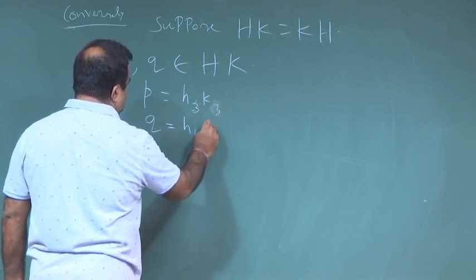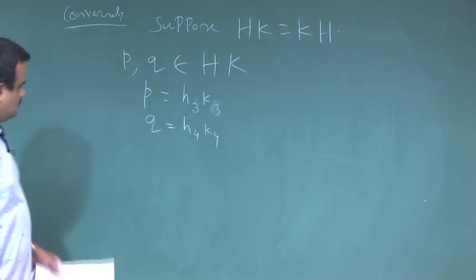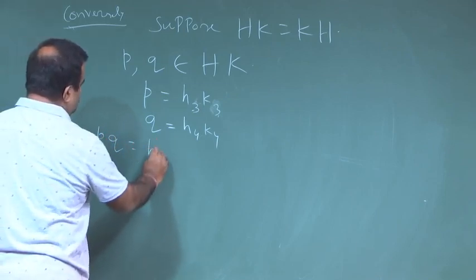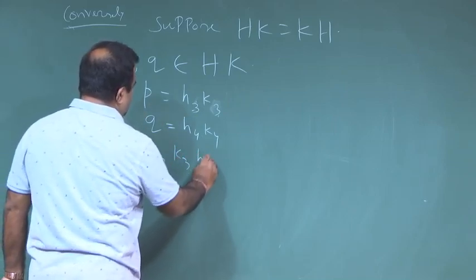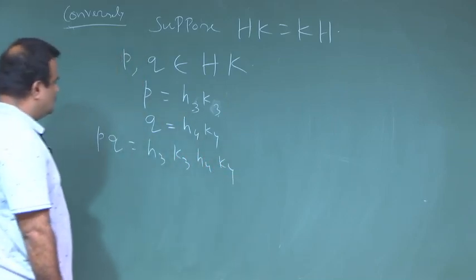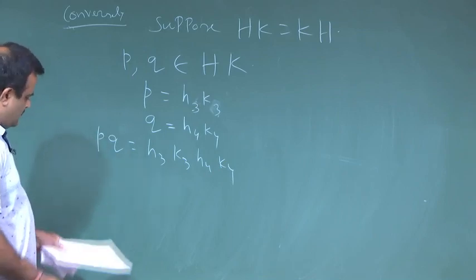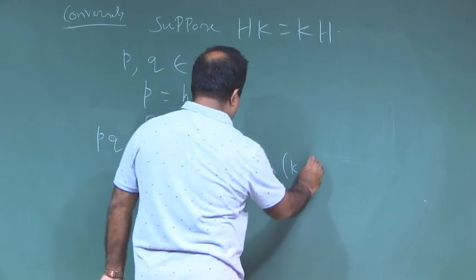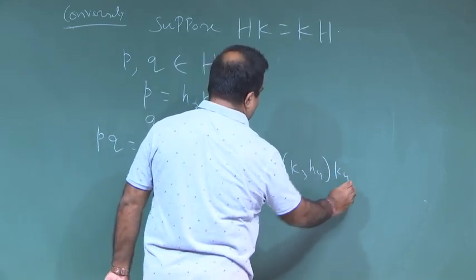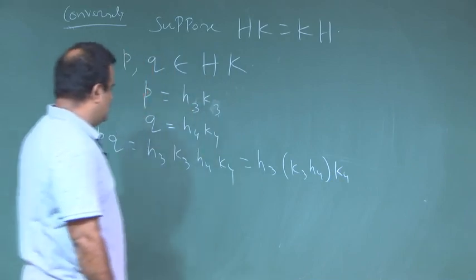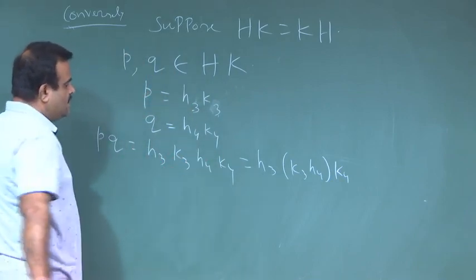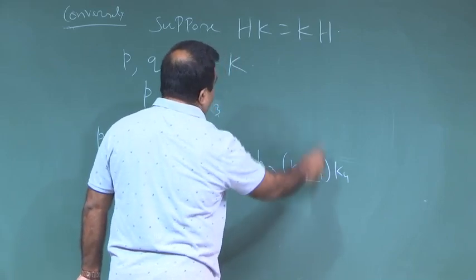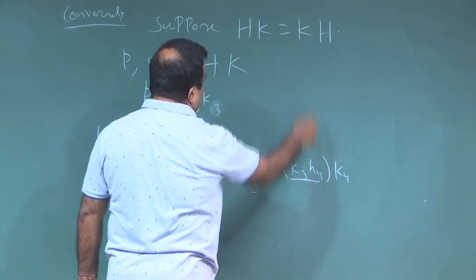So, if you take the product pq, it is basically h3 k3 h4 k4. Now, we can combine this by the associativity rule of the operation star. These are basically star operations. Now, this k3 h4 is an element from KH. Now, KH is the same as HK.